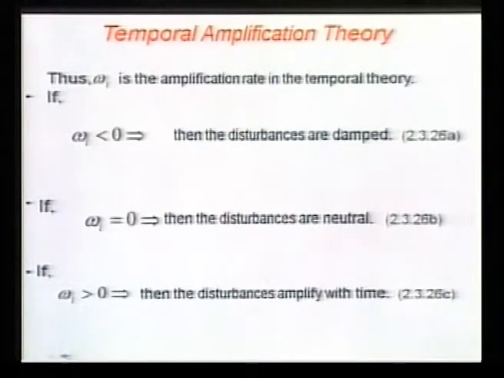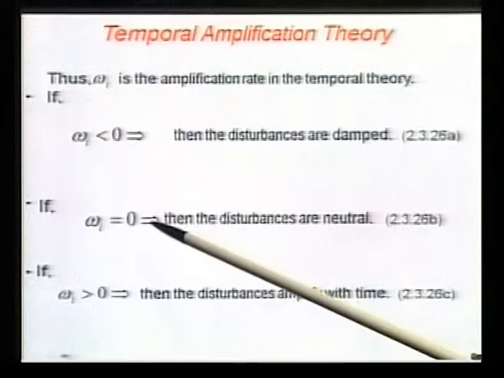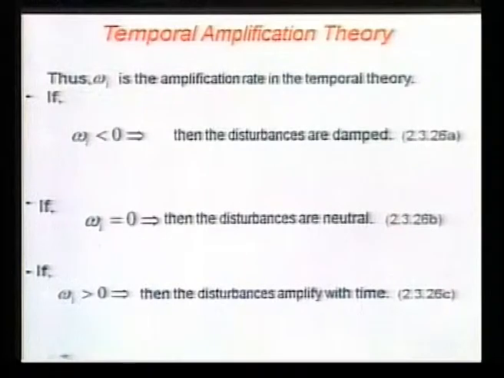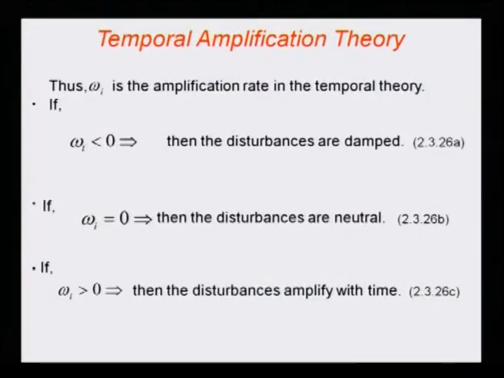So, for example, if omega I is negative, of course, disturbances are going to damp with time. If omega I happens to be equal to 0, it will be insensitive with respect to time, it will not change with time. And if omega I is positive, then those disturbances amplify with time. That is pretty much obvious.